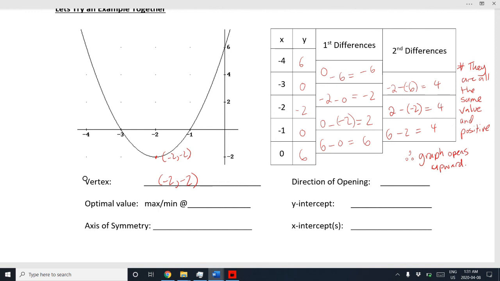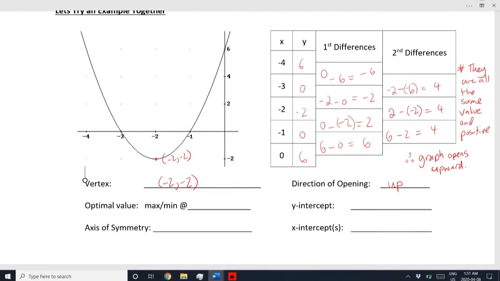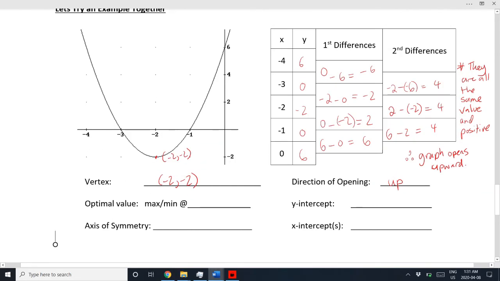We've already seen from second differences that our table will open upward. Now, let's find the optimal value. Because the graph opens upward, we know that our optimal value will be a minimum. And in this case, it's a minimum of -2 when x is equal to -2.